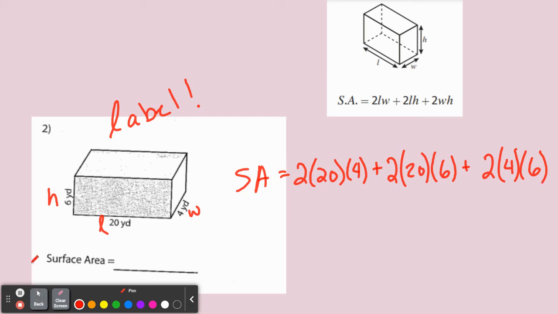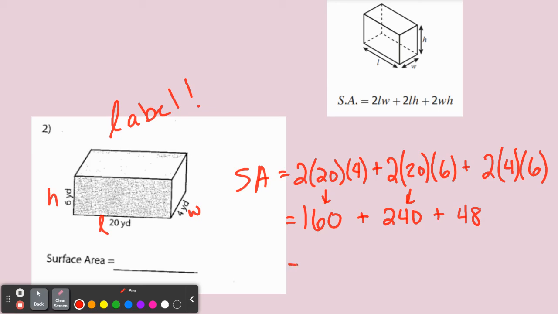2 times 20 times 4 gives us 160, plus 2 times 20 times 6 gives us 240. And 2 times 4 times 6 is 48.